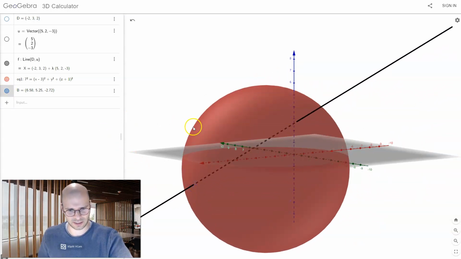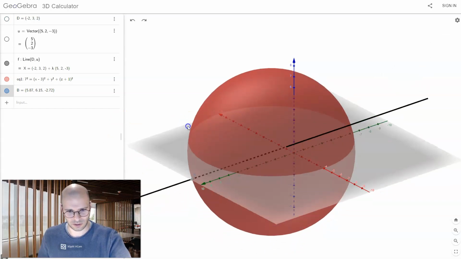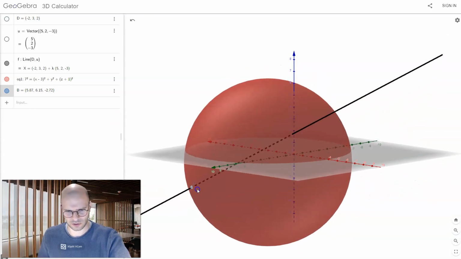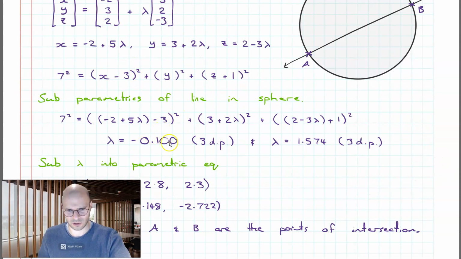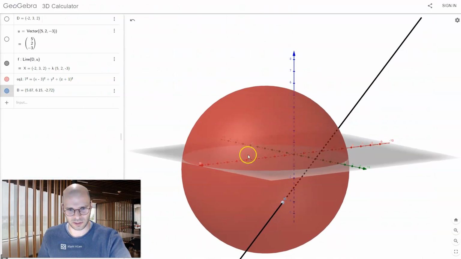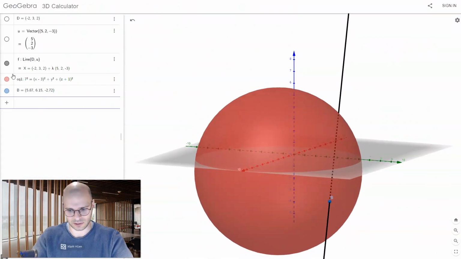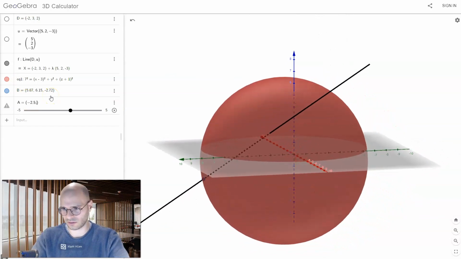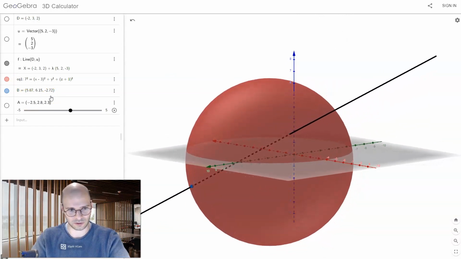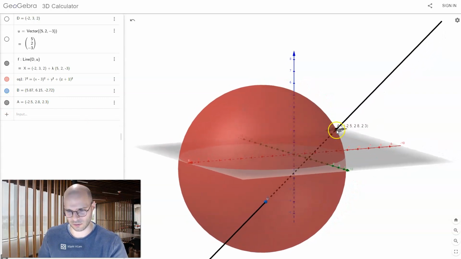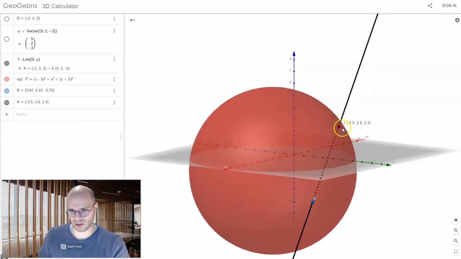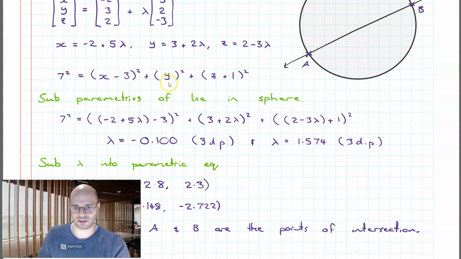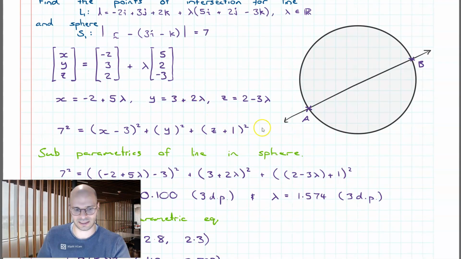It's not going to be exact, especially after I moved it, because this was an estimation, or approximation, but it's going to be pretty close. Now the second one we said was negative 2.5, 2.8, and 2.3. And lo and behold, here we have A, also sitting on the surface of the sphere, thus demonstrating the method in which we calculate the points of intersection of a line and a sphere.